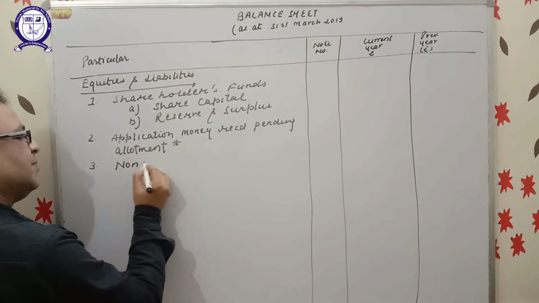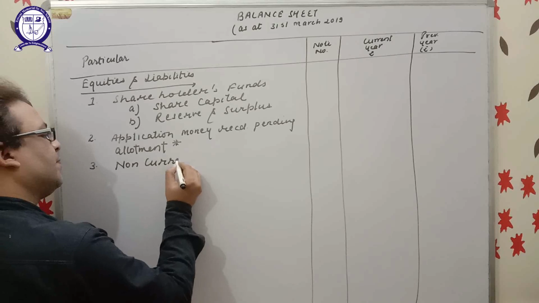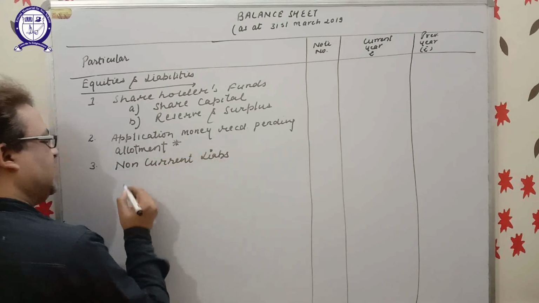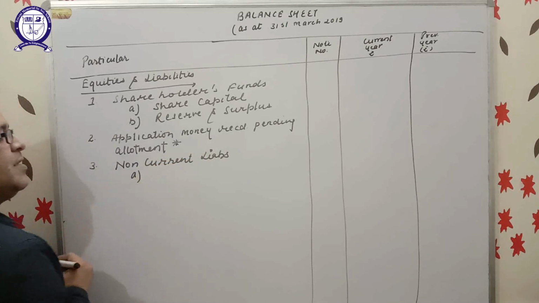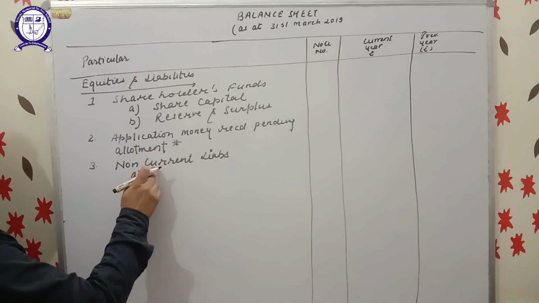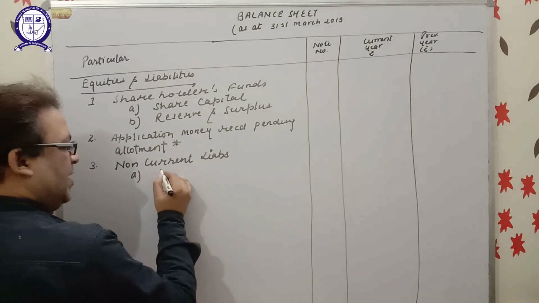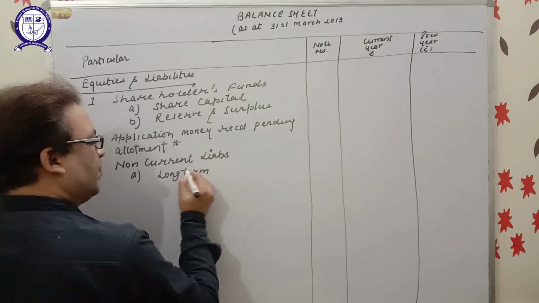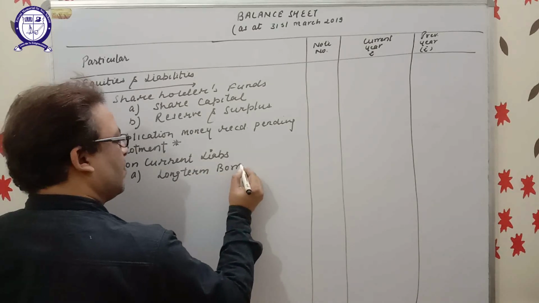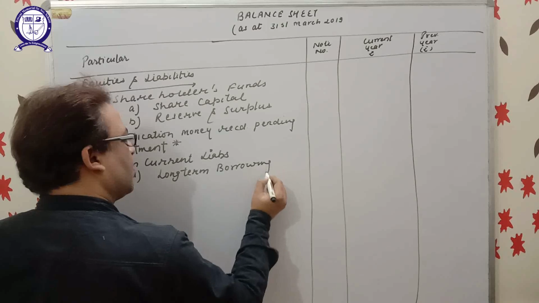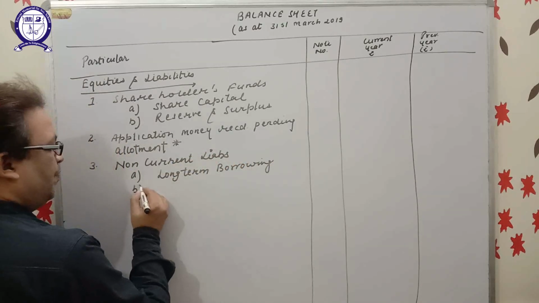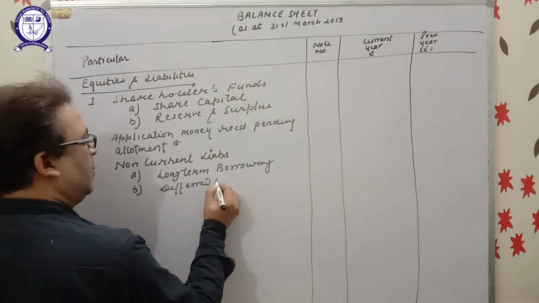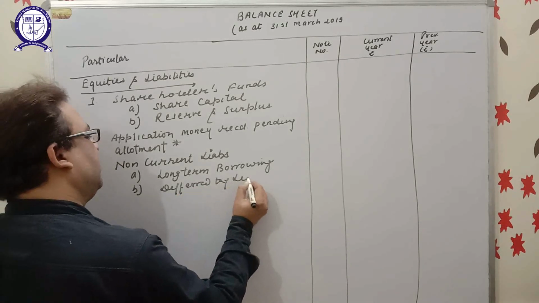Third point, non-current liabilities. Very first subheading under this main heading, number 1, long-term borrowings. Number 2, deferred tax liability.